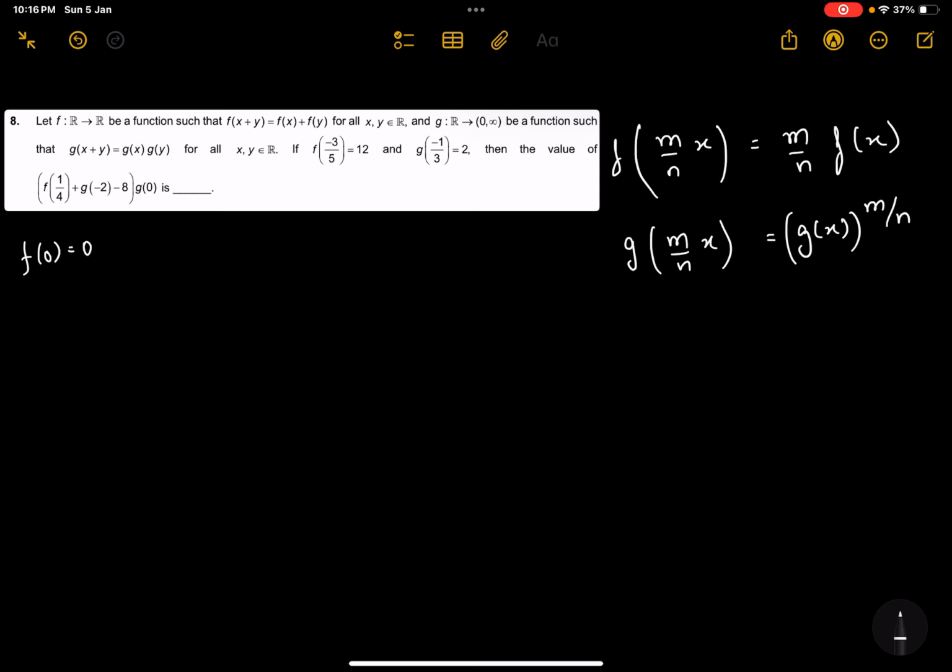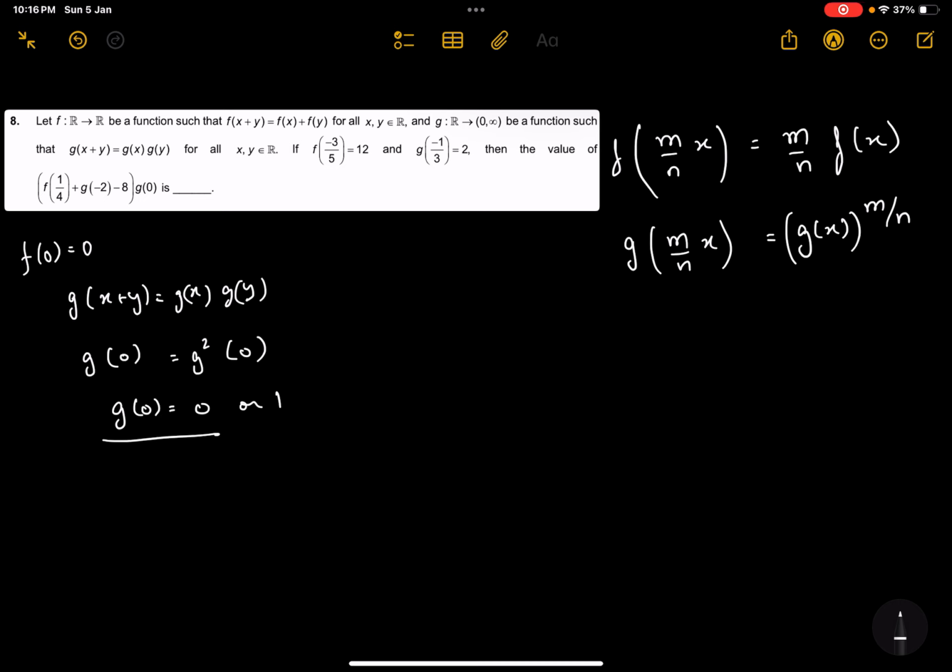We are also given g(x + y) equals to g(x) g(y). Substituting x and y as 0, we get g(0) equals g squared of 0, which means g(0) is either 0 or 1.